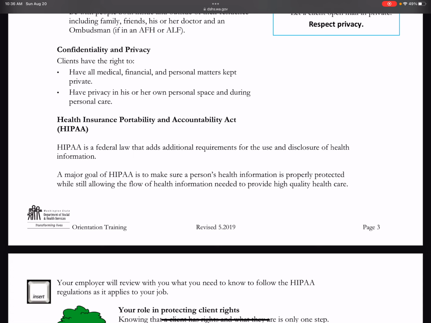A major goal of HIPAA is to make sure a person's health information is properly protected while still allowing the flow of health information needed to provide high quality care. So HIPAA, the Health Insurance Portability and Accountability Act, is very important. You need to memorize this. It will be on the exam all the time.